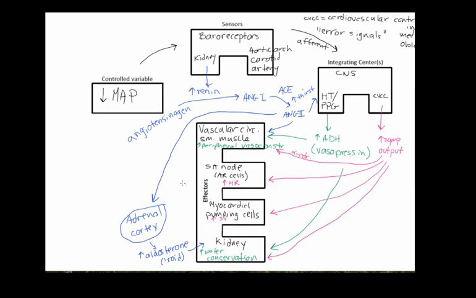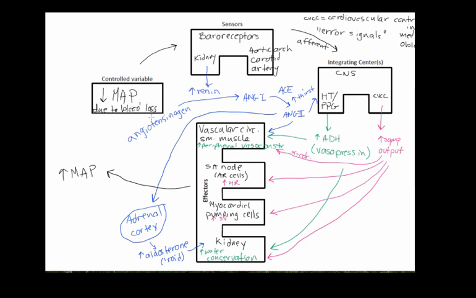So the end result of all of these effectors, and let me do that back in another color, is to bring MAP back up. Now, if you've lost a lot of fluid, it might not bring it back up to your normal blood pressure, but it'll certainly bring it back up from where it was when you initially had that emergency situation, maybe due to blood loss, I think was our scenario here.